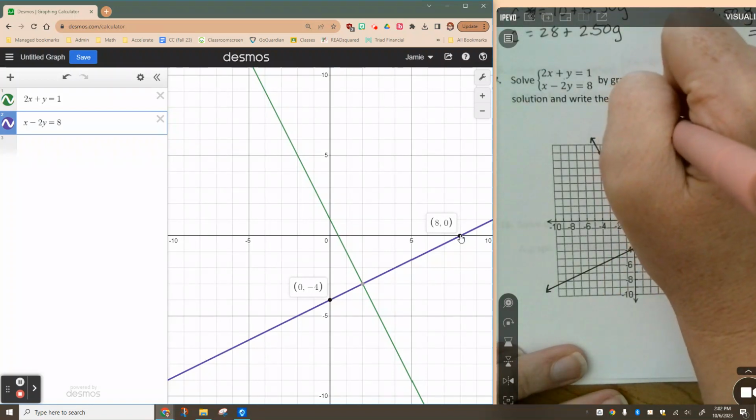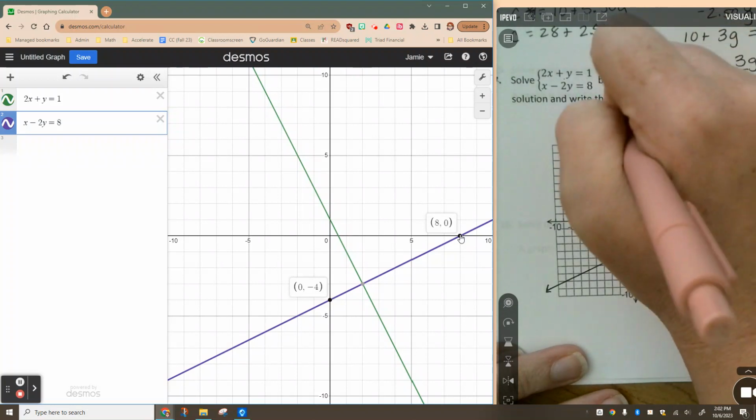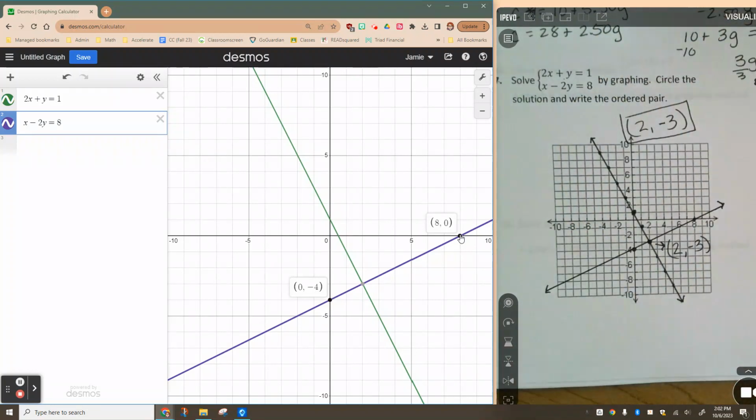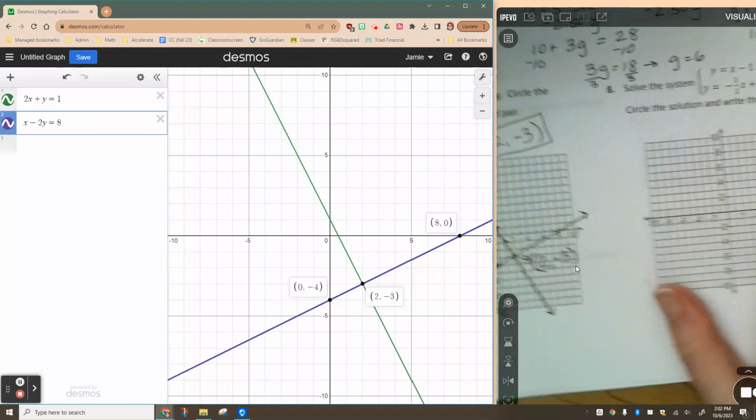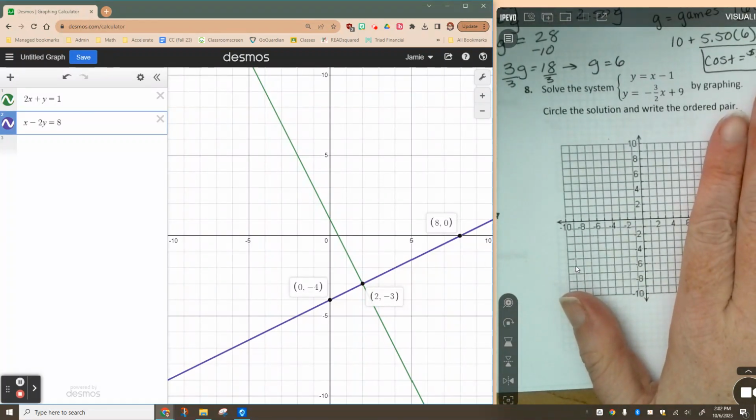So 2, -3 is our solution. I'm going to box that. And just to double check, let's click on this point, 2, -3. Beautiful.